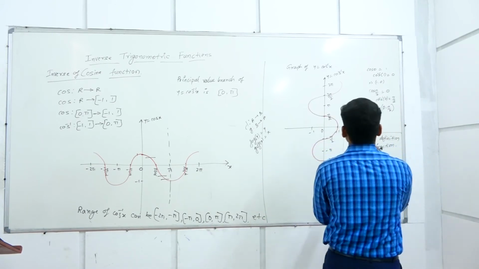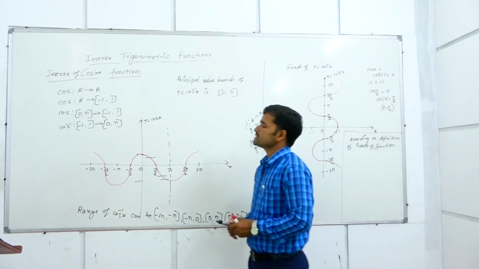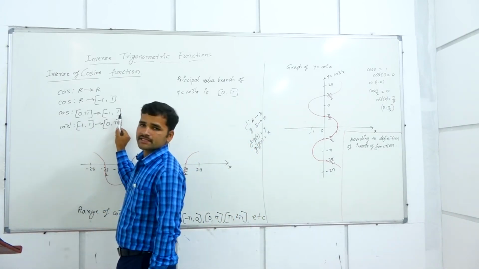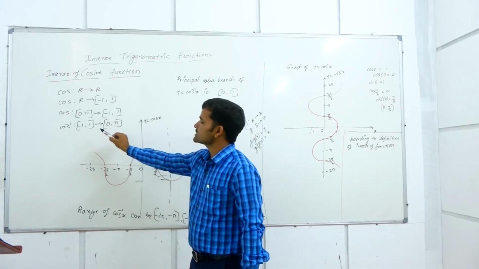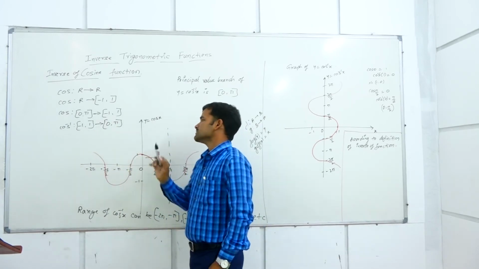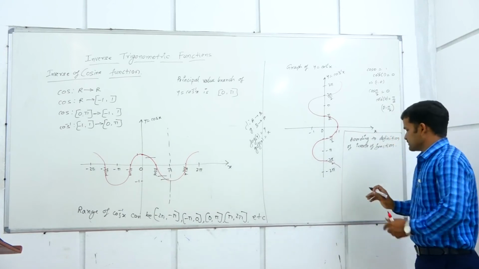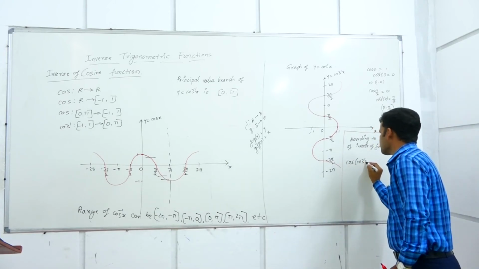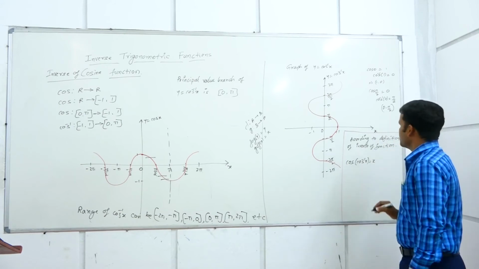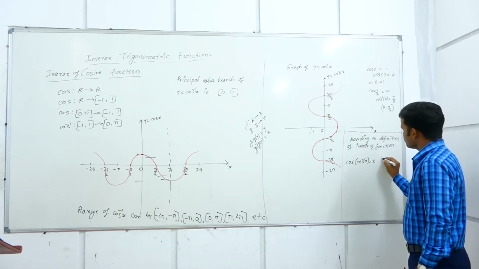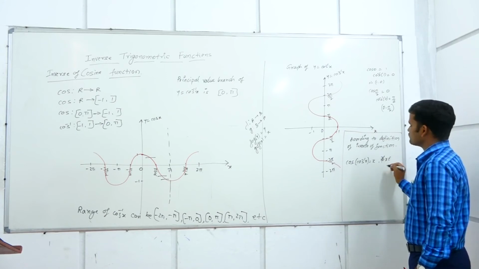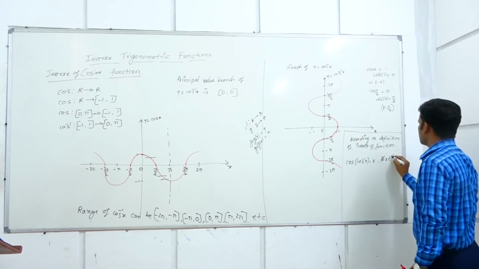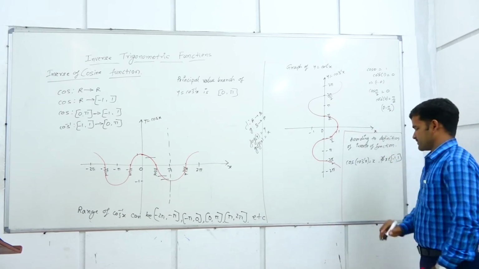In the same case here, cos and cos inverse, you observe. Cos is mapping from 0 to pi to minus 1 to 1, and cos inverse from minus 1 to 1 to 0 to pi. So we will write the formula here. Cos of cos inverse of x is equal to x if and only if x belongs to the interval, the domain of cos inverse, that is the closed interval minus 1 to plus 1.